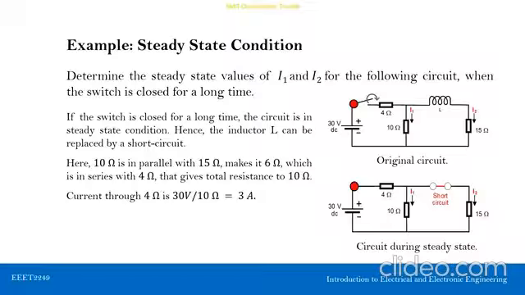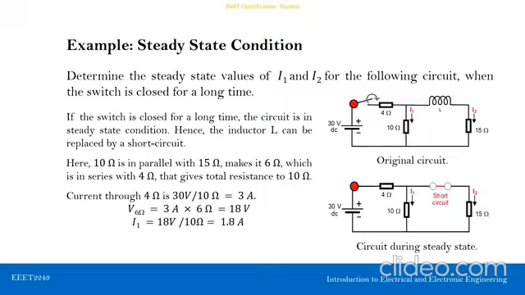Now the current through the 4 ohm resistance will be the total voltage 30 volt divided by the total resistance 10 ohm, which is 3 ampere. And then the voltage across the 6 ohm parallel equivalent resistance would be 3 ampere multiplied by 6 ohm, which will be 18 volt.